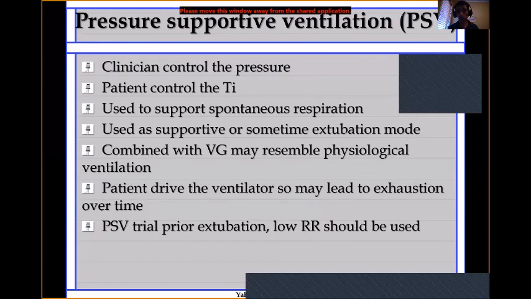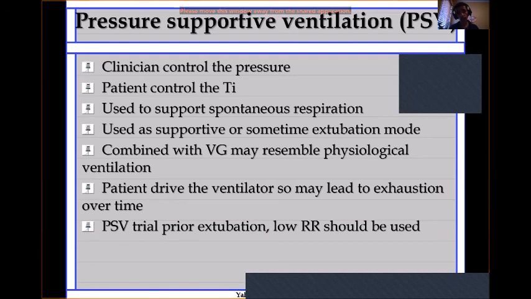Okay, and always with PSV or any type of ventilation, there is a backup rate. Because when you make the patient lead the ventilation, let's say the patient pauses and stops breathing, then he will die because he's leading everything. That's why you put a backup rate. The backup can be assisted control, or it can be SIMV, you can select.